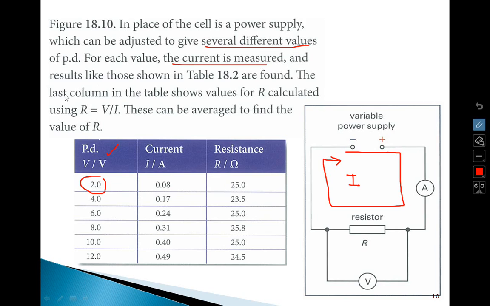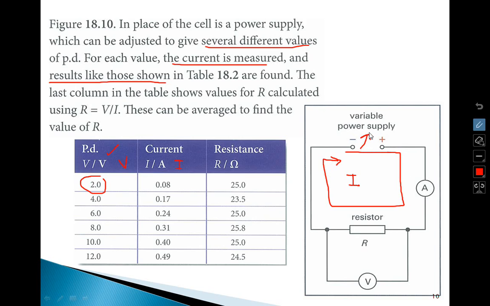The current here is measured, and the result is shown in this table. This column is V, this column is I. V is measured by voltmeter, and I is measured by ammeter. When we have V and I, it's easy to find the value of R. We change the value of the power supply, which immediately pushes current through the circuit.